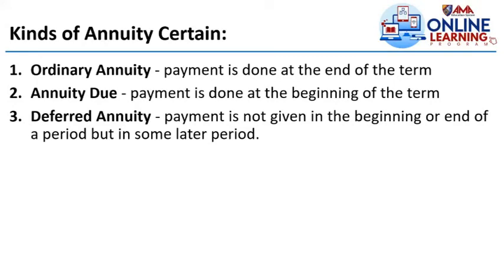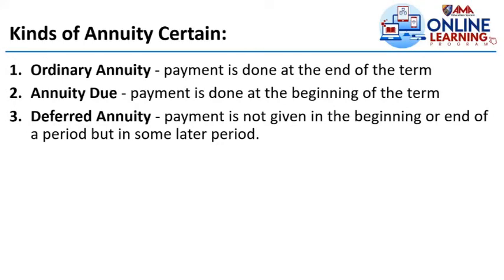Next is annuity due. Payment is done at the beginning of the term. So for example, at the beginning of the month, first day of the month, or first day of the year, so that is annuity due. Then deferred annuity is when payment is not given in the beginning or end of the period, but in some later period. For example, after 3 months ka pang magbabayad ng car na inutang mo. Kaya deferred annuity.